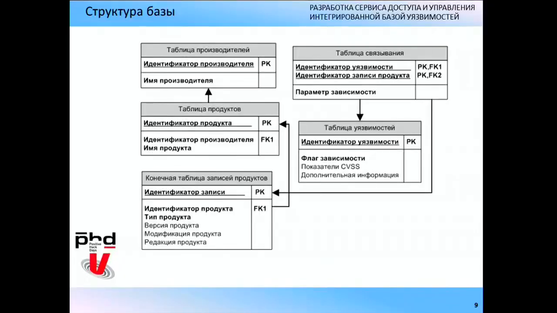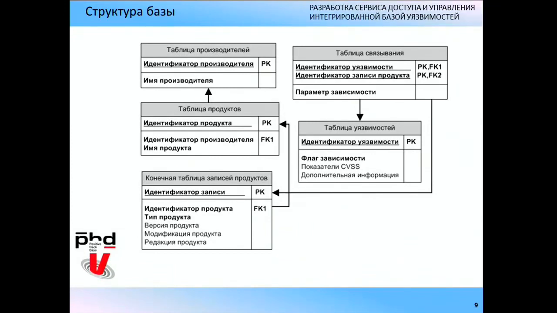The following structure was designed, which contains 5 tables. A table of connections between products and vulnerabilities, producers, products, and product records, which contains type of product, version, modification, and edition.